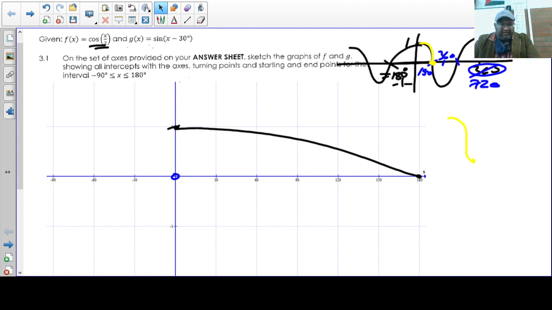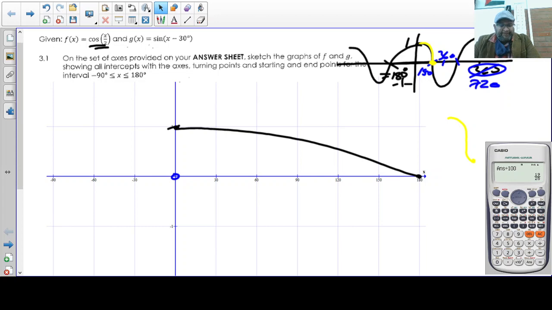So just pull the calculator up here. How do I get the end point on the graph? I substitute negative 90 degrees where I see x. So it's going to be cos of negative 90 over 2.